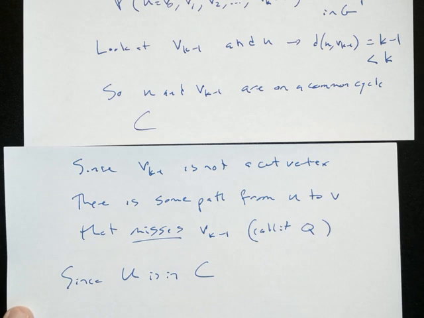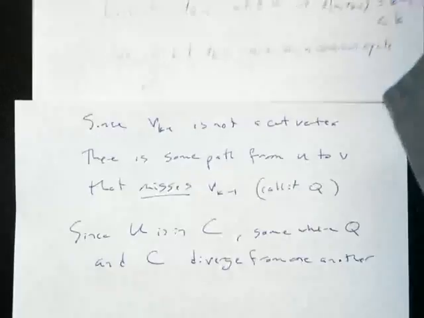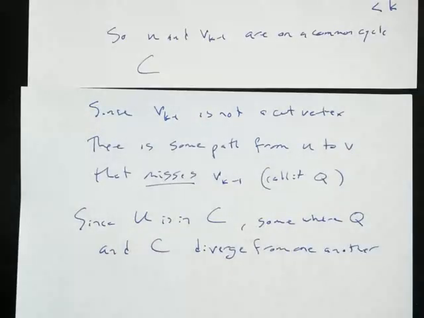And I want to avoid that with Q. So I look at my cycle, and then I look at this new path.